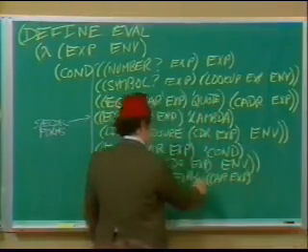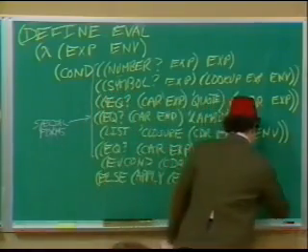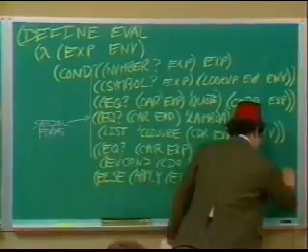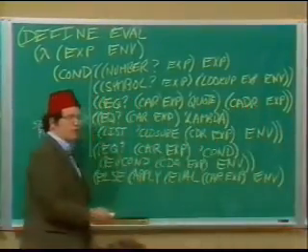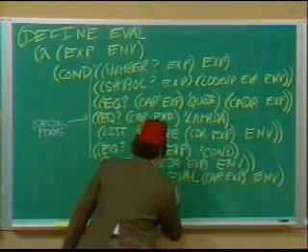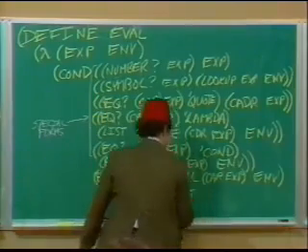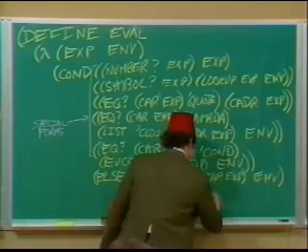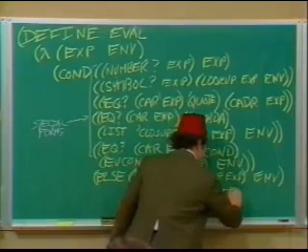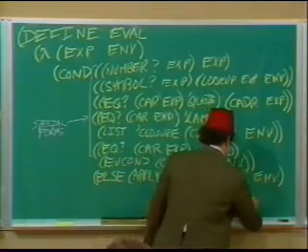The car of the expression is the operator. In the environment given, so evaluating the operator gets me the procedure. And now I have to evaluate all the operands to get the arguments. I'll call that evlist. The cdr, that's the operands of the expression, with respect to the environment.